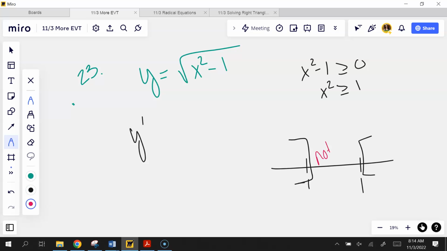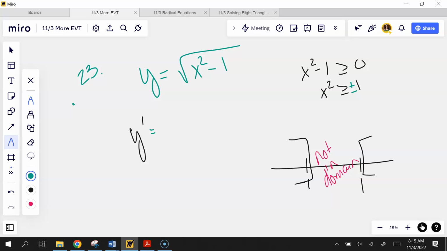This is my not in domain part. Does that make sense? You're right, because I got to do the plus or minus here. The only thing that's going to give me undefined there is if under that radical I put a fraction. Okay, now let's worry about the derivative.